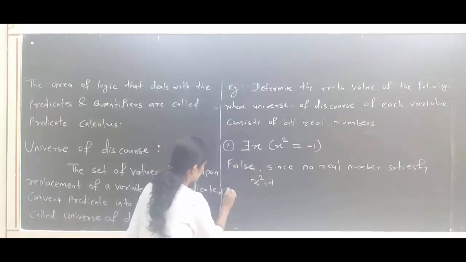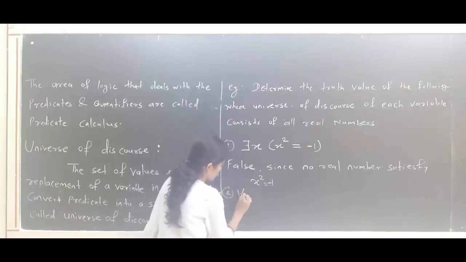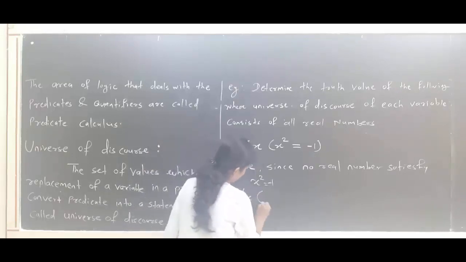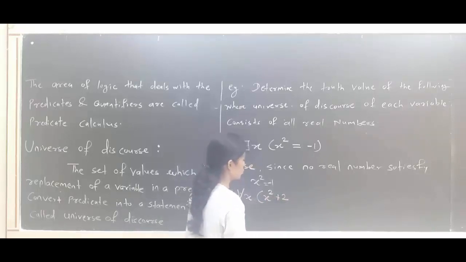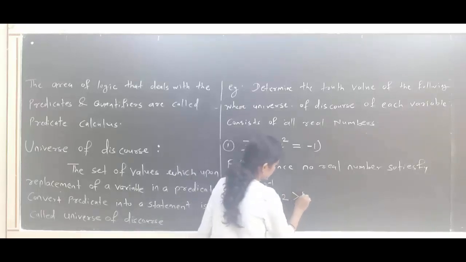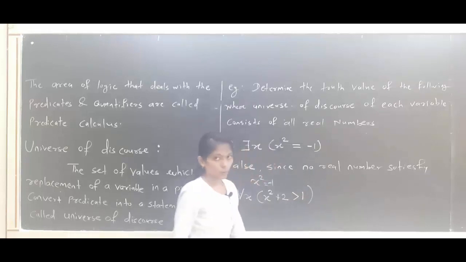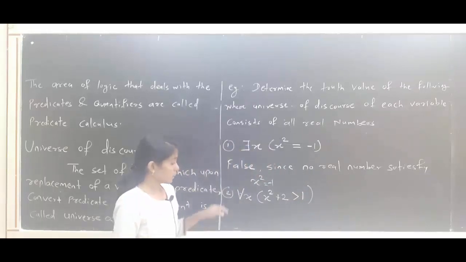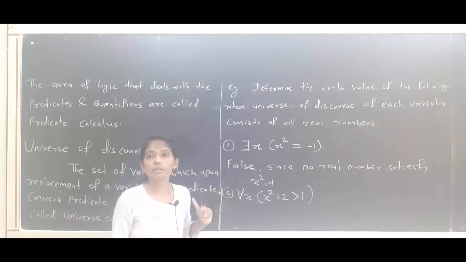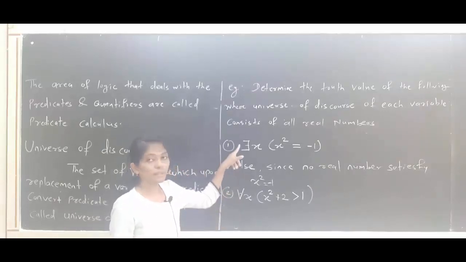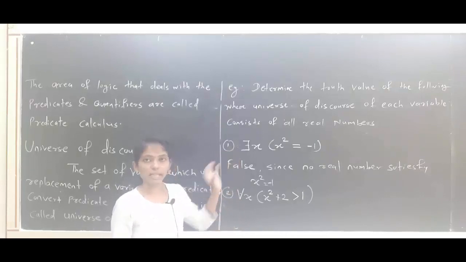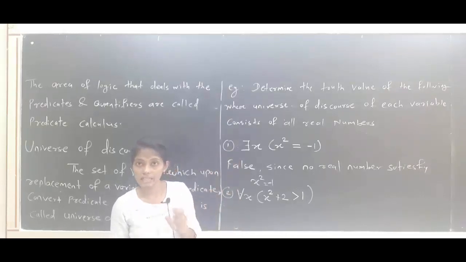Now second, for all x square plus 2 is greater than 1. Okay, so see here, the given quantifier is of the type universal, and here existential, that is for some there exist, right?